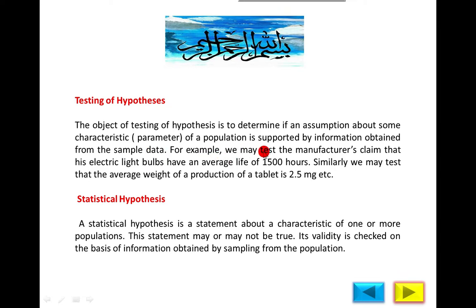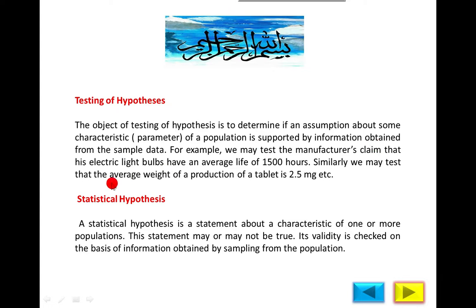For example, we may test the manufacturer's claim that his electric light bulbs have an average life of 1500 hours. The claim depends on the population value, parameter value, standard value, given value. So we may test the claim.